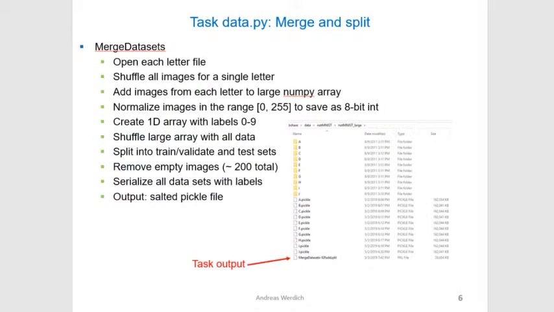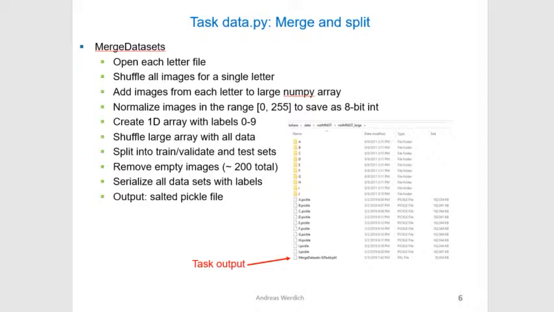Now, in the next task, the pickle files for each letter are opened and the images are shuffled again for each single letter, and then all of the letters are added to a large NumPy array. After all of the letters are collected, the images are normalized in the range of 0 to 255 so that they can be saved as 8-bit images.